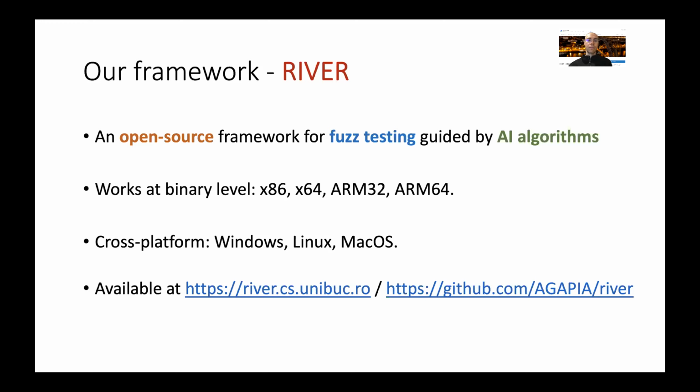Good. I have another question. Of course, you optimize for quickly covering a large number of blocks. Is there a danger that you then miss rarely executed blocks? No, we don't ignore a block.